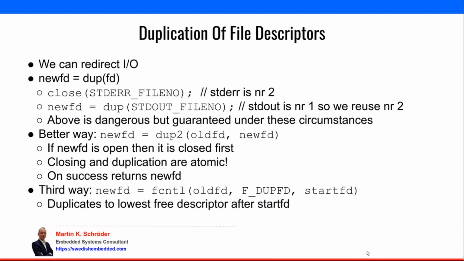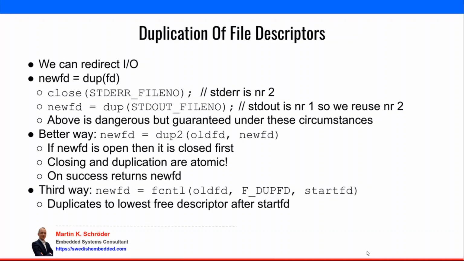It's actually going to close the new fd if it's already open. So you don't need to close stderr like we did up there in the beginning. You just specify stderr, and you will duplicate stdout. You can essentially duplicate stdout to stderr if that's what you want to do.